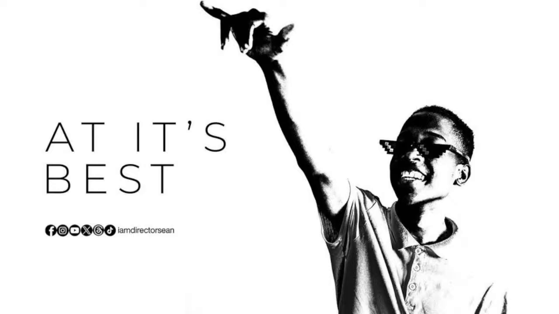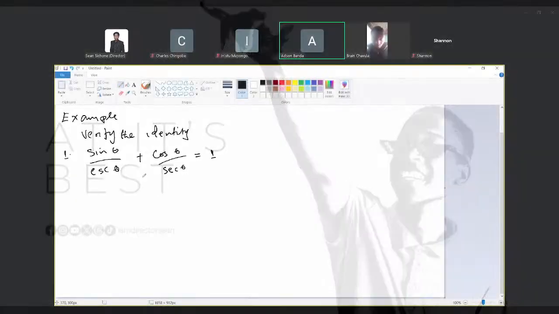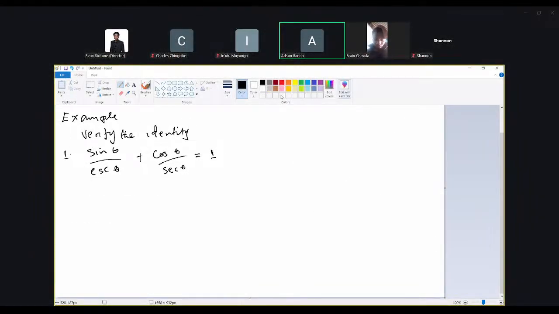We want to use what we know or what we have seen before to be able to do the verification. Right, so here is the solution. To verify something, you must show that the left-hand side is equal to the right-hand side.